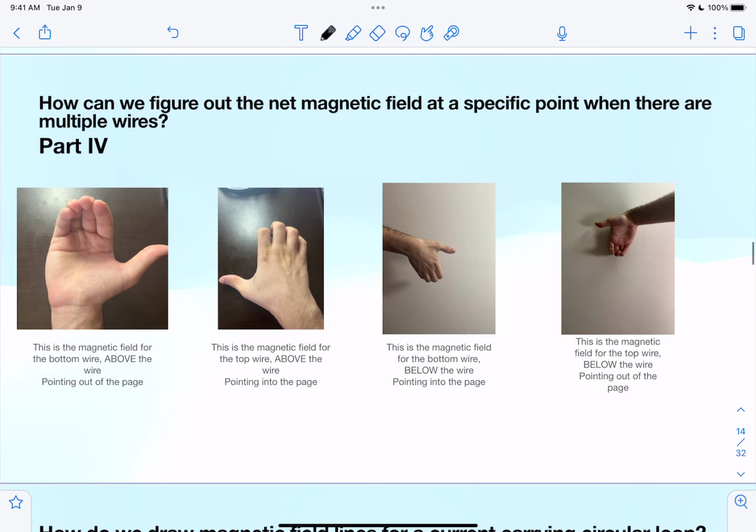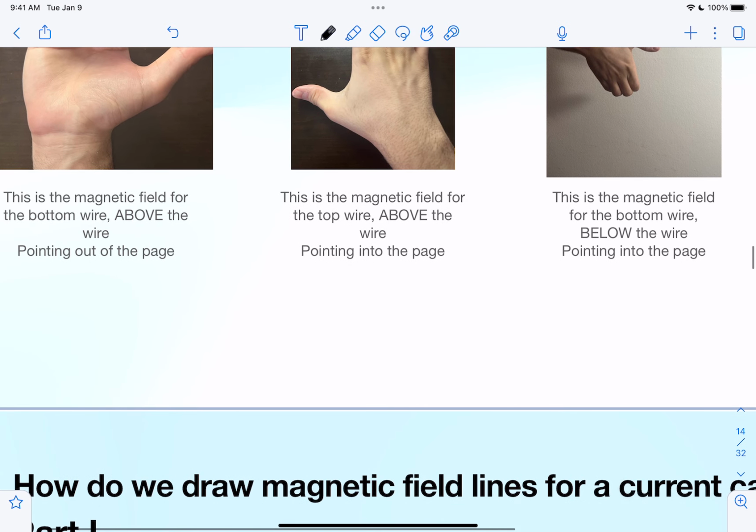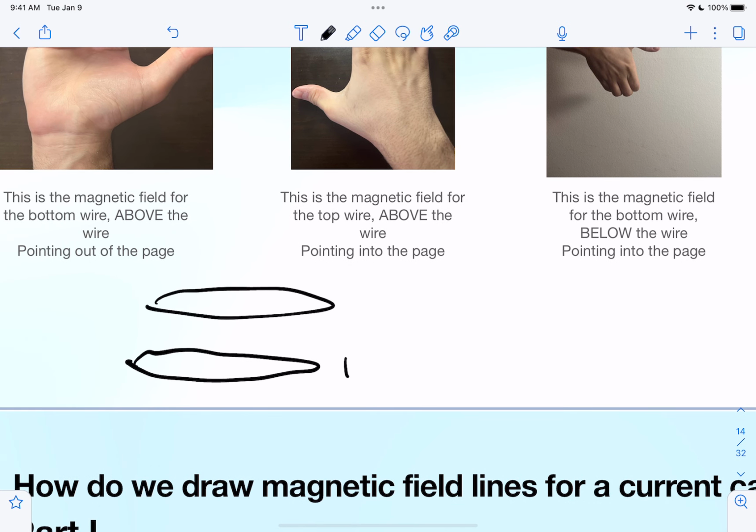And so these are the pictures that I took to help explain a little bit more. So this is the magnetic field for the bottom wire above the wire, right? So we had wire 1 and wire 2, and this one had a current pointing this way, and this one had a current pointing to the left. So this is to the left up top and to the right at the bottom, right?